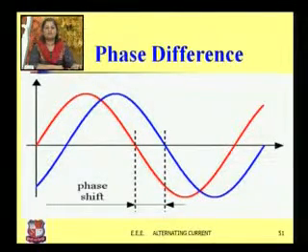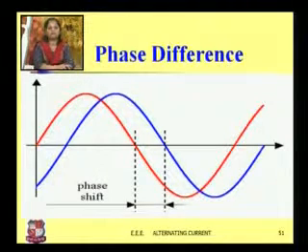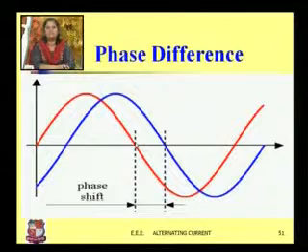So if you want to find the phase difference of any two quantities, you have to consider any one point and find the phase difference between these two. Suppose you consider this point, where the value of the red quantity is 0 and the magnitude of the blue quantity is somewhat different.